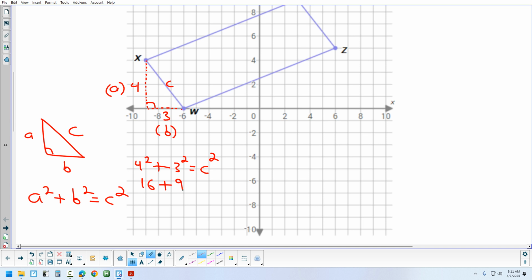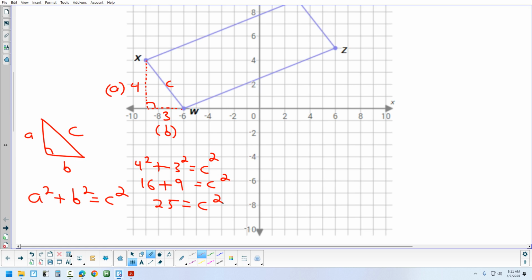So again, 9 equals c squared. And Ellie, if we add those up, 16 plus 9 gives me how much? Yeah, 25. Now that's not c, that's c squared.